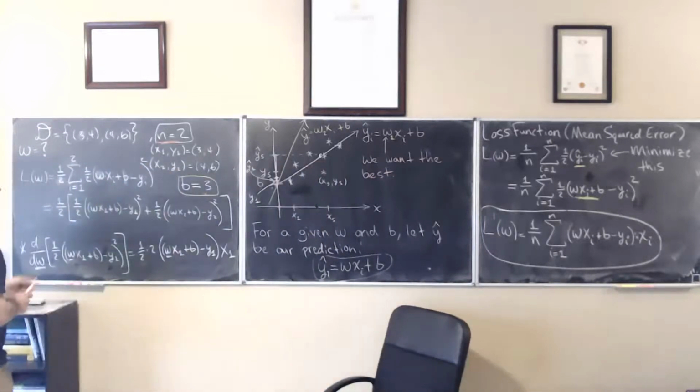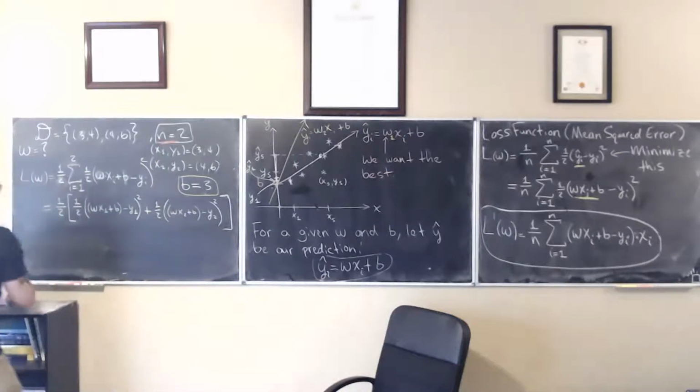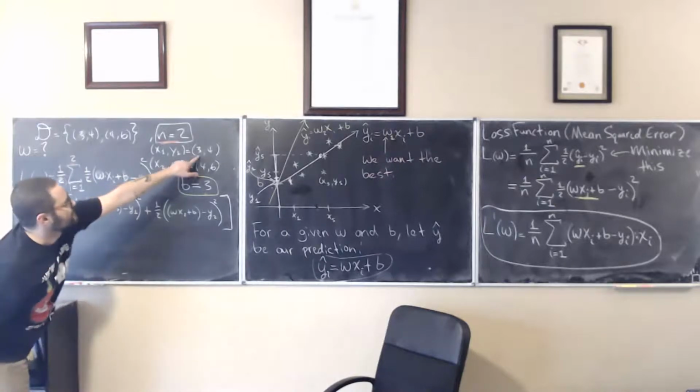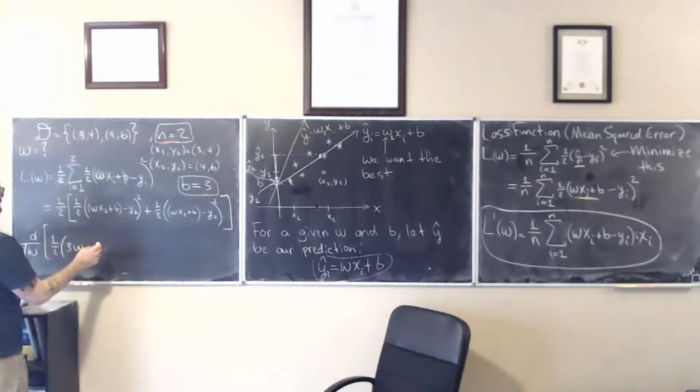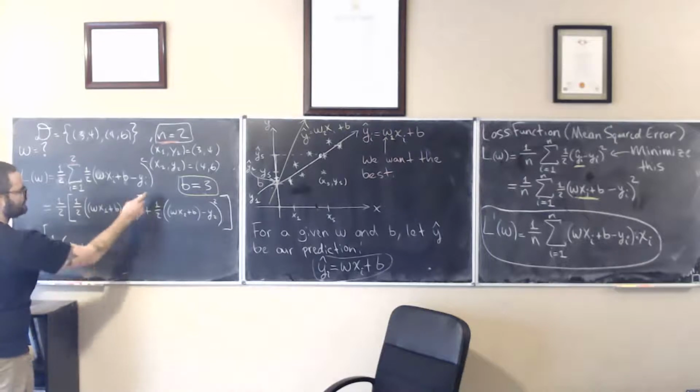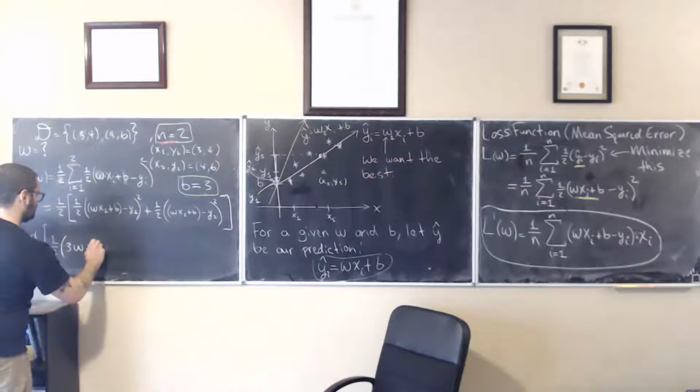Like, if I were to write it out with those numbers, I just want to know what the derivative of this is. So x1 times w is 3 times w, plus b is 3, and y1 is 4.